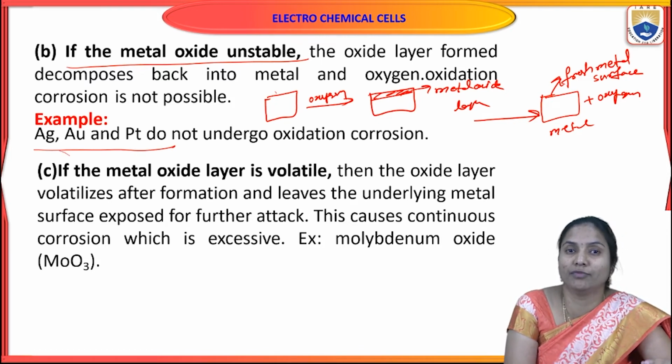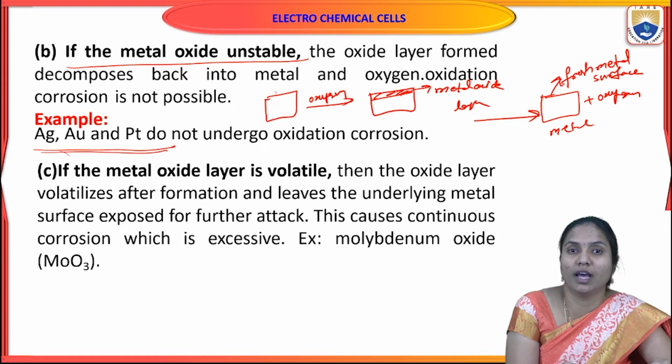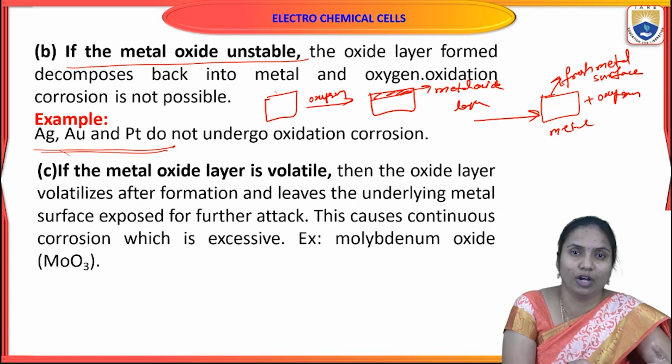If these metals form this type of layer, it is protective only, because these metals have high corrosion resistance. This metal oxide layer is an unstable layer, but it is protective because these metals have high corrosion resistance. But for any other metal, not the noble metals, it forms an unstable metal oxide layer, and in that case it is non-protective.